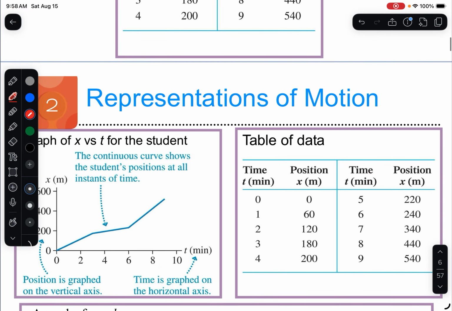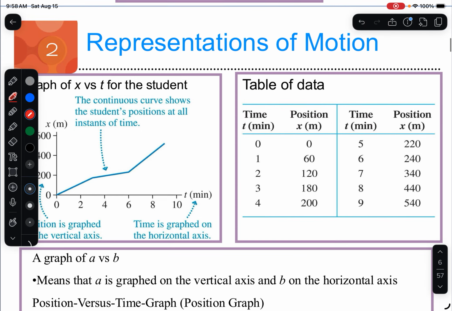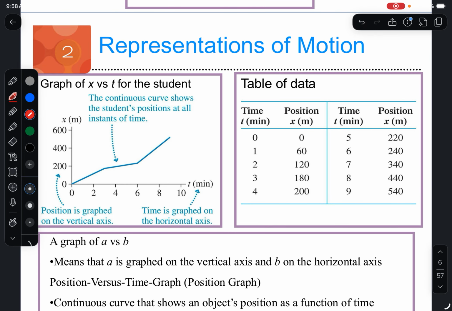Another way we could represent motion is simply by having a graph of x versus t. So on our x-axis would be time, and on our y-axis is our distance. And notice in this instance, we've graphed our motion.